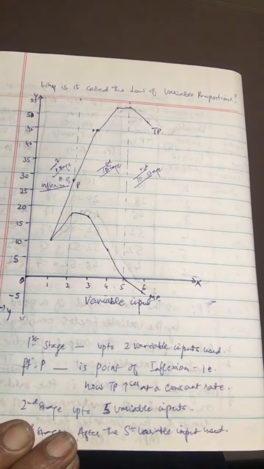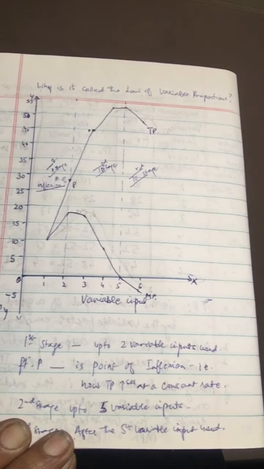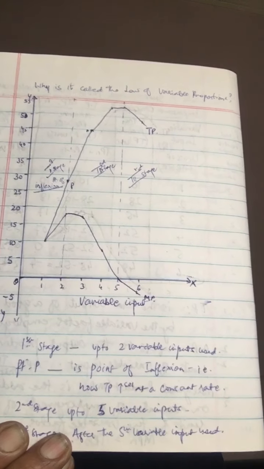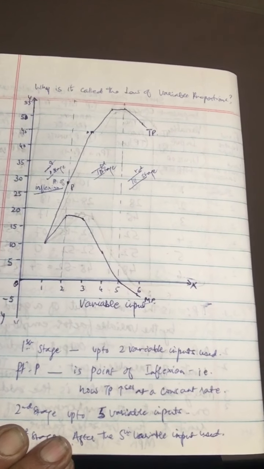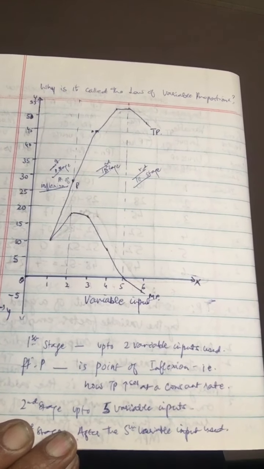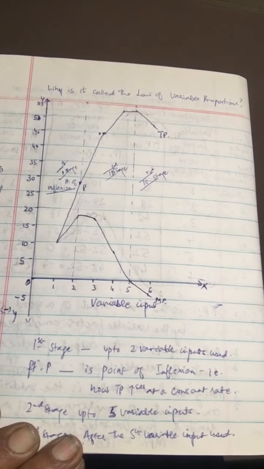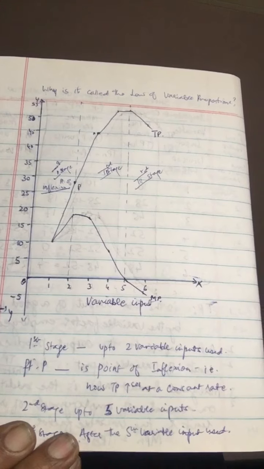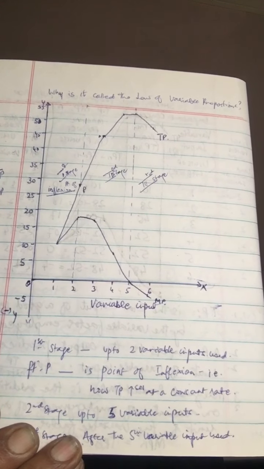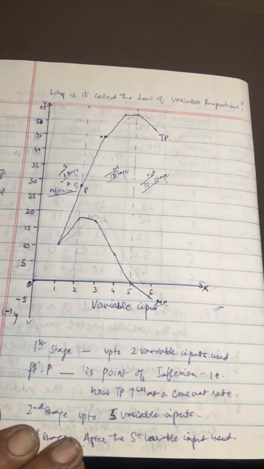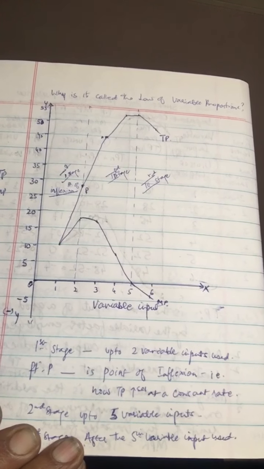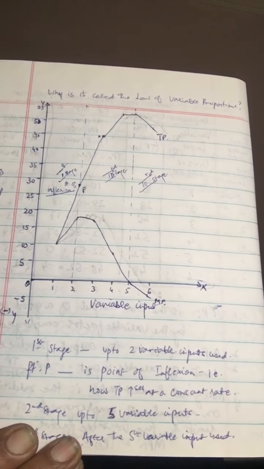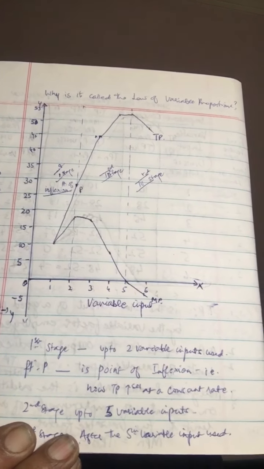Then of course, there's another point we can think about, which is the poor coordination between the factors. That means increasing application of the variable factor along with the fixed factor eventually disturbs the ideal factor ratio. Now, ideal factor ratio could be the optimum factor ratio or the most appropriate factor ratio.